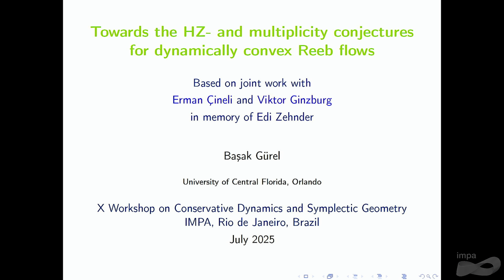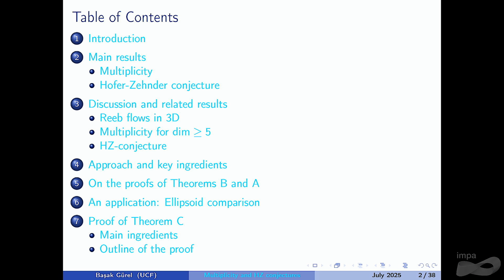So I'm going to talk to you today about our joint work with Erman Çinili from ETH and Viktor Ginzburg, who is here, about the multiplicity and Hofer-Zehnder conjectures for dynamically convex Reeb flows.